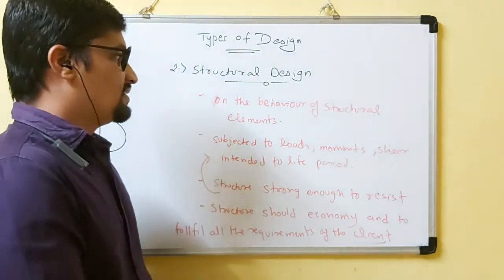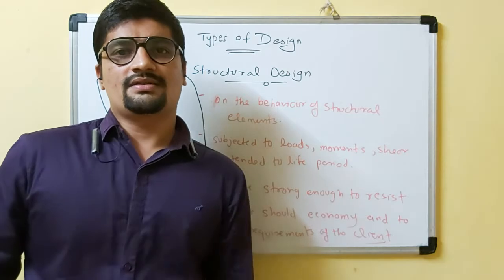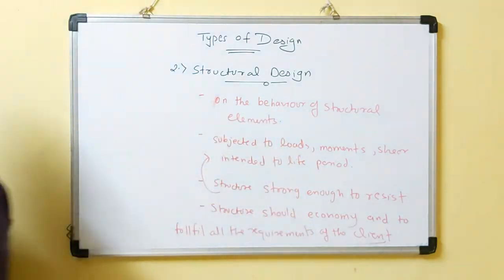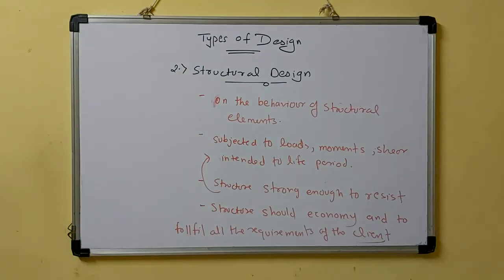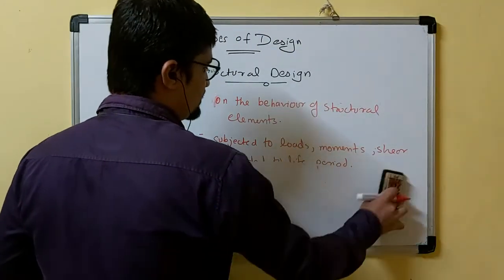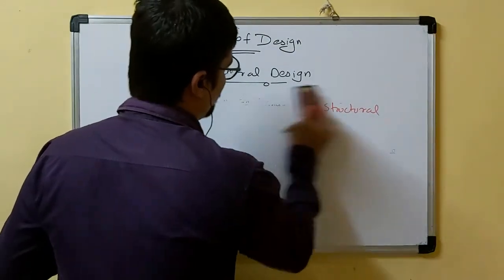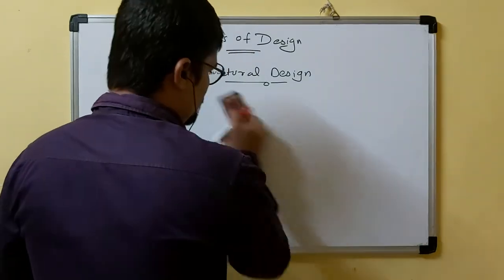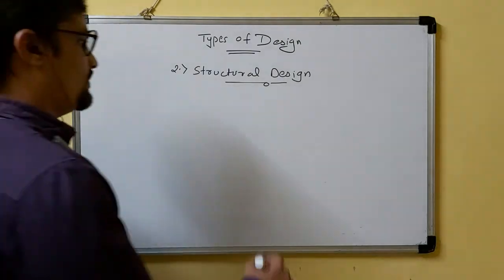So the principle of structural building: what does the structure design look like? What is it made up of? Suppose this is one type of structure.